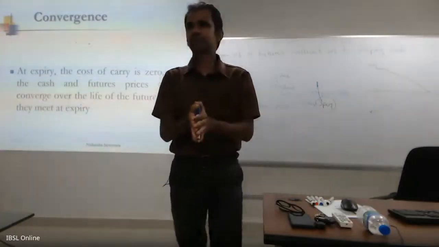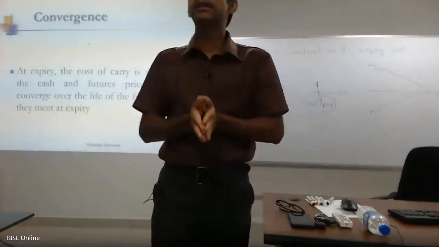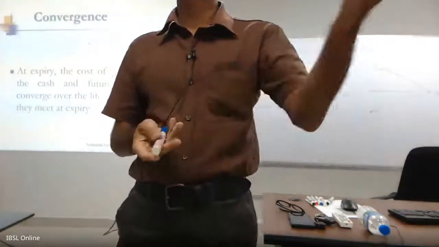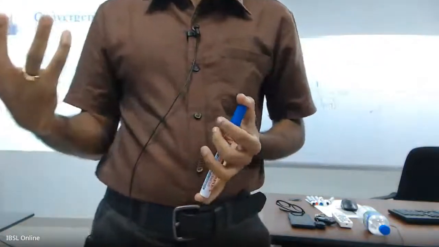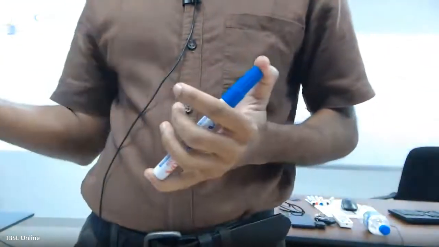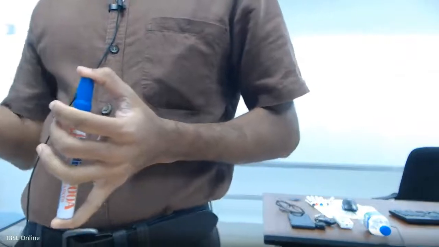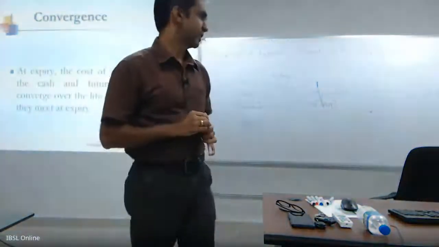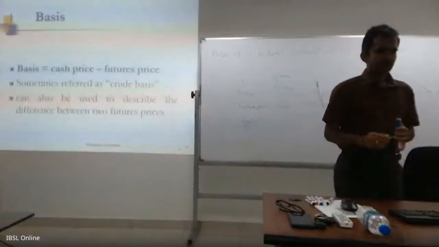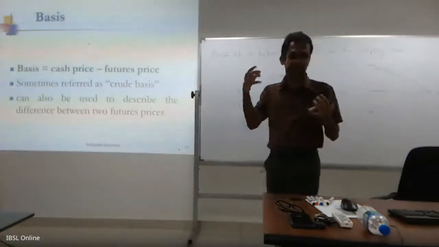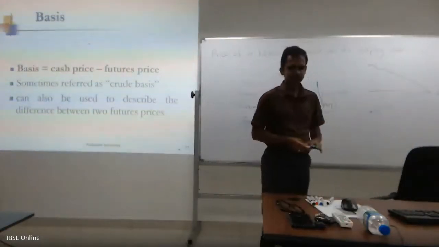You just buy or sell and settle it. You don't carry that position. So the net cost of carry is 0. That's why the futures price equals the spot price on the expiry date. That process we call convergence.